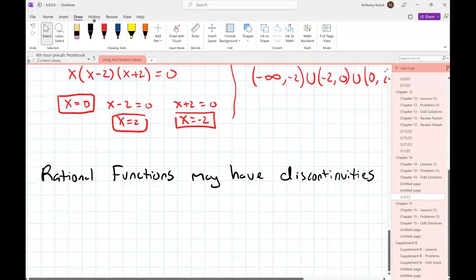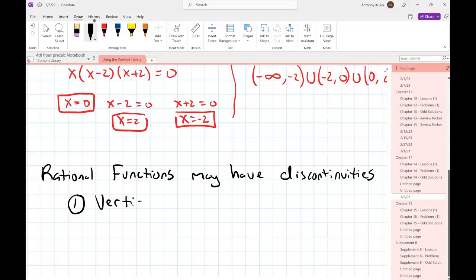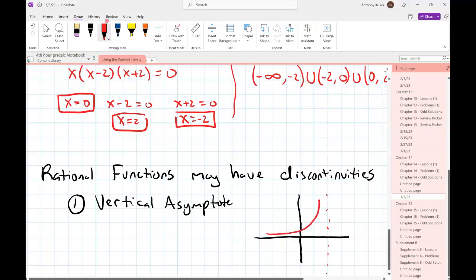All right. So there are two types of discontinuities that a rational function can have. We can have a vertical asymptote. So a reminder of what that looks like. A vertical asymptote is like an imaginary vertical line that the graph will approach but never cross.